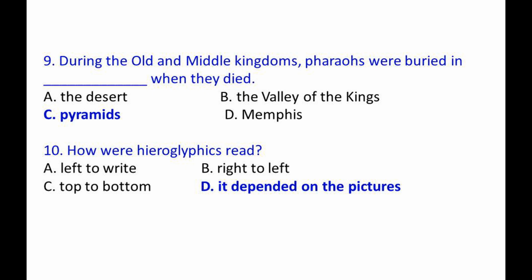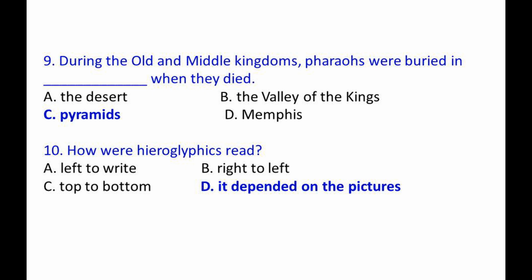During the Old and Middle Kingdoms, pharaohs were buried in dash when they died. A. The desert. B. The valley of the kings. C. Pyramids. D. Memphis. And the correct answer is C. Pyramids.